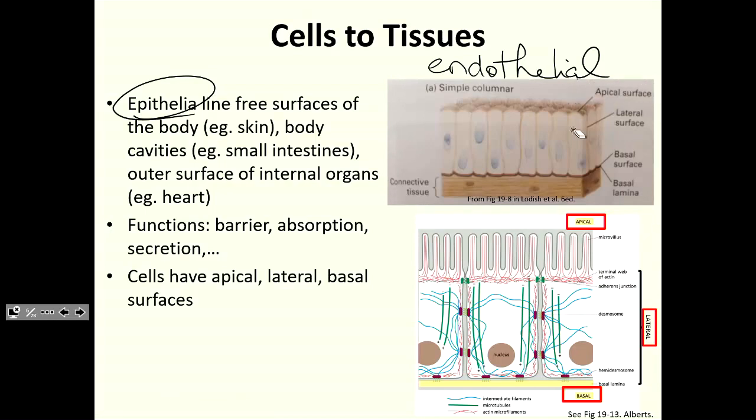The top side is known as the apical surface, and the apical surface of the cell is always the surface that is facing the lumen of whatever organ we're dealing with. The apical surface of the blood vessel wall, the endothelial cells, is the side of those cells facing the actual blood.